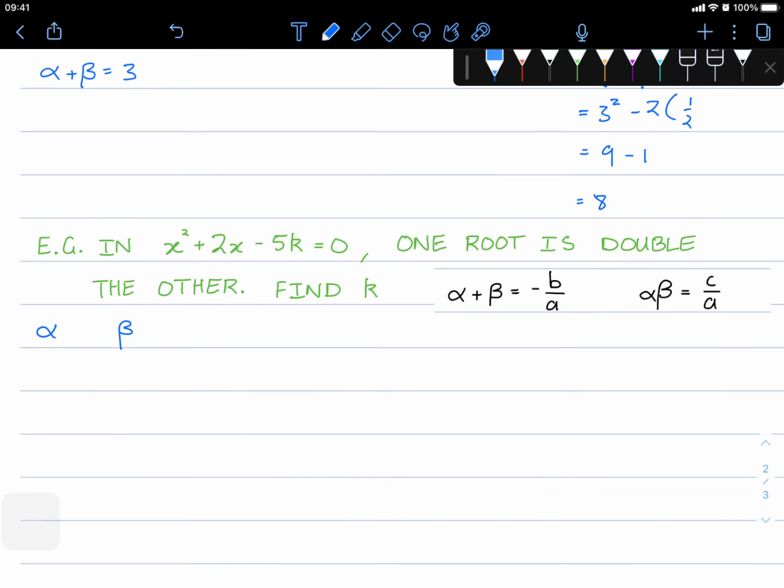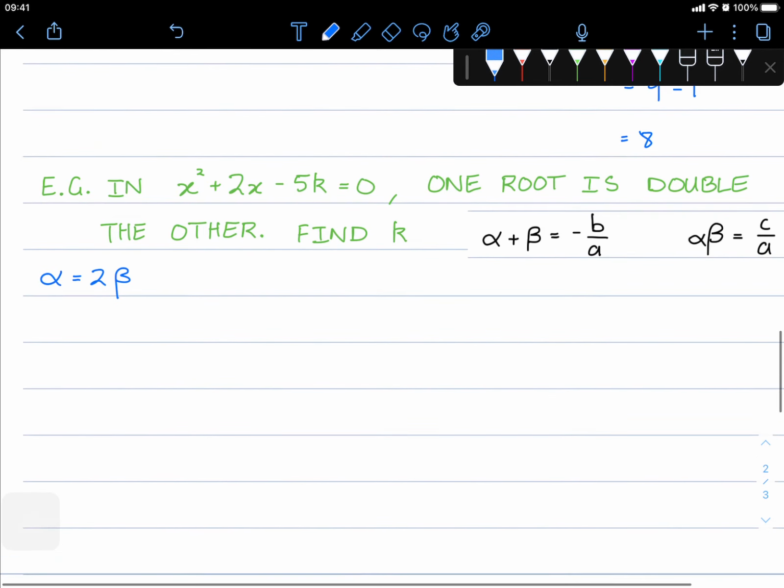If one is double the other, we can say that alpha is double beta. So alpha is equal to 2 beta. Well, from this, we can see that A is 1, B is 2, and C is negative 5k. So I'm going to highlight all of it.